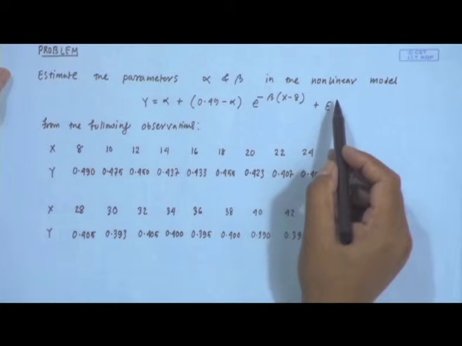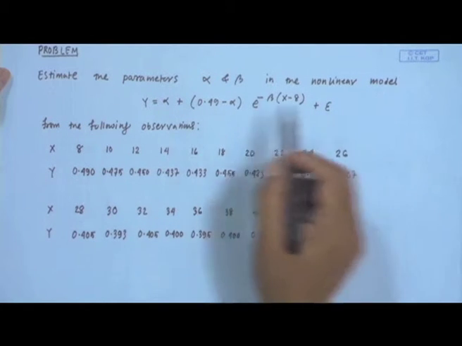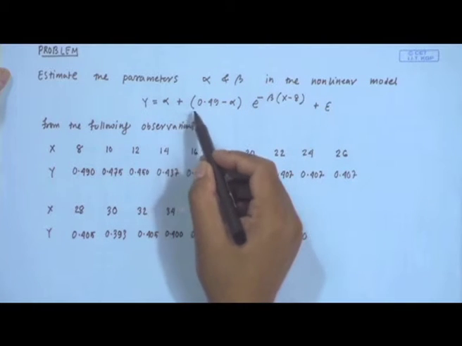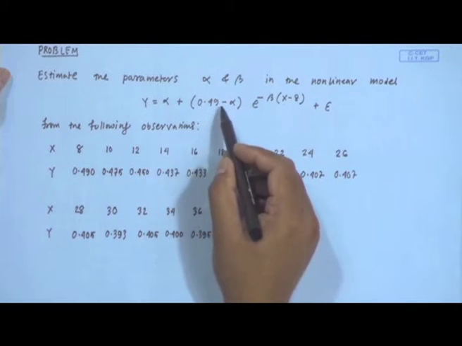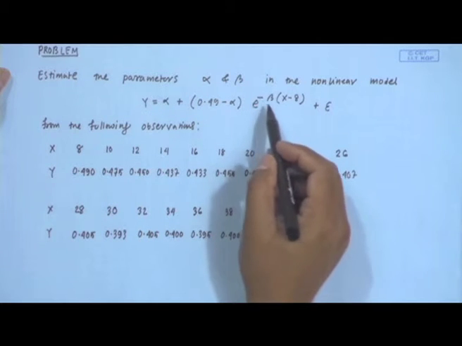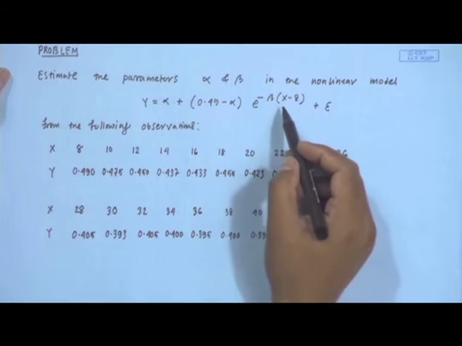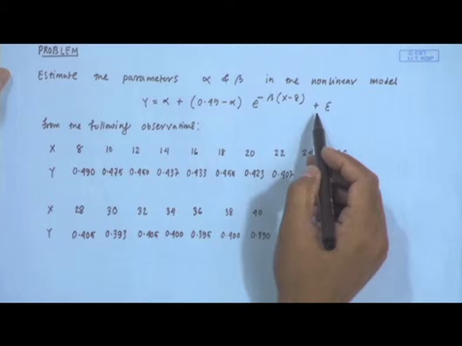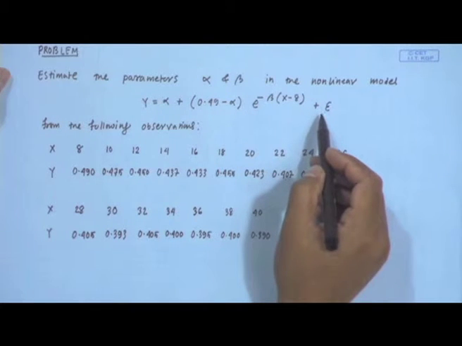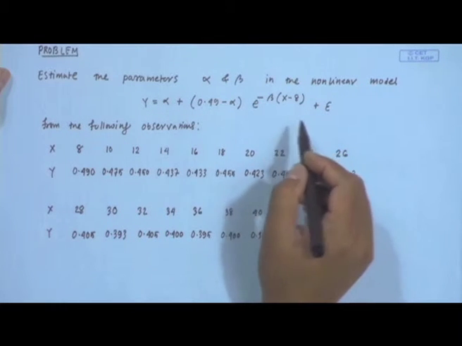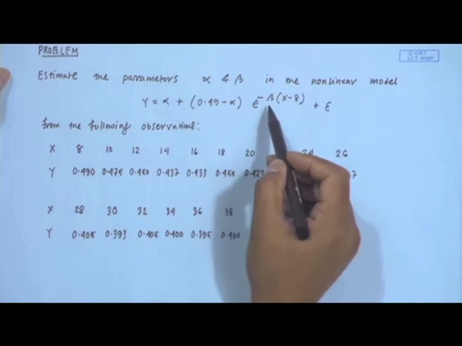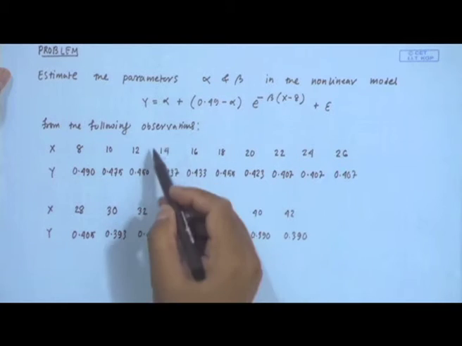in the nonlinear model y equal to alpha plus 0.49 minus alpha into e to the power of minus beta x minus 8 plus epsilon. So, this is the nonlinear model we need to fit. That means we have to estimate the parameters alpha and beta from the following observations.